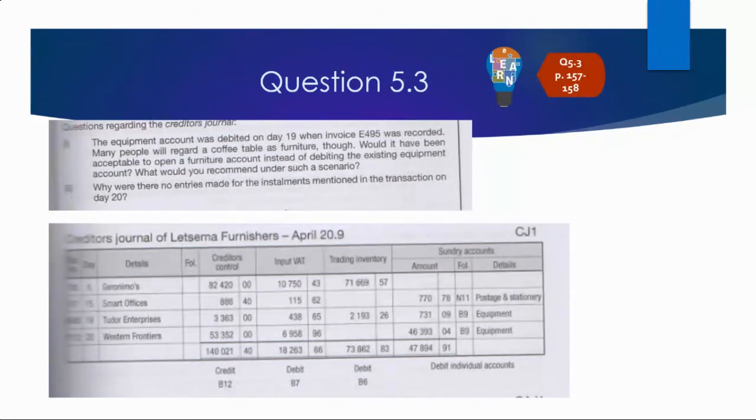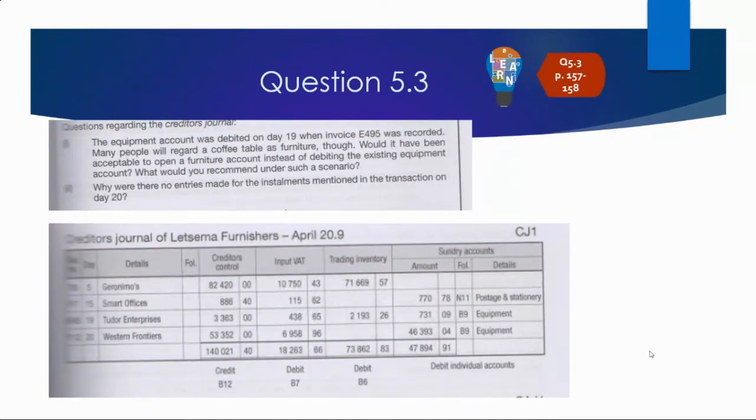Now, how to overcome that in practice, you can actually change the account name to office furniture and equipment, which then gives you a bit more of a descriptive account name, but you know exactly where it relates to. So you know it's not only equipment in the office, but it also has some component of furniture.